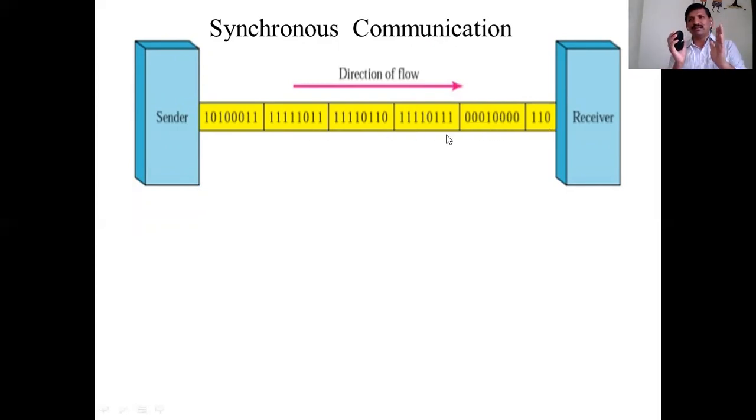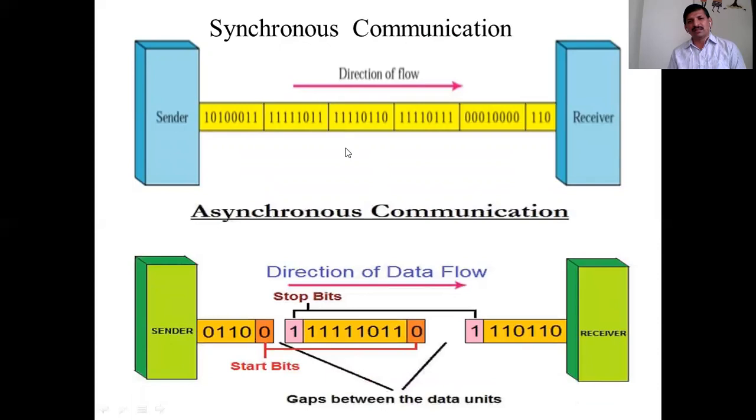Once synchronized, we transmit the bulk data. In asynchronous, each byte contains start and stop bits. First we send the start bit, next the 8-bit data, then the stop bit. Example: UART, universal asynchronous receiver and transmitter.